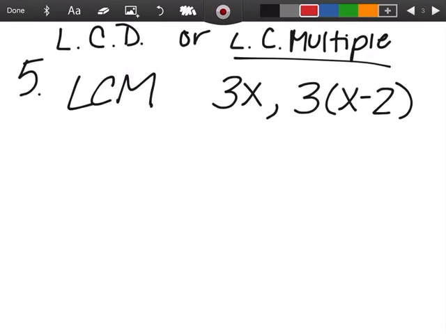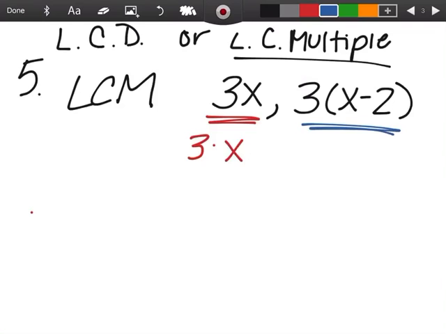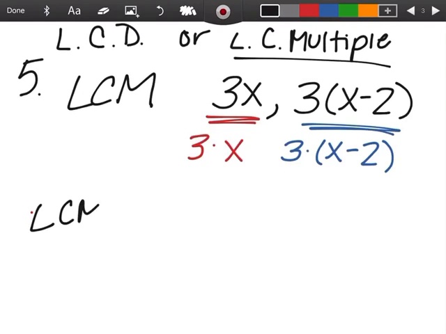Well, let's think about it in terms of factors. This first term has 2 factors, a 3 and an x. And this second term has 2 factors, a 3 and an x minus 2. So when I make the least common multiple or least common denominator, if it wasn't a denominator, I need to account for the 3.